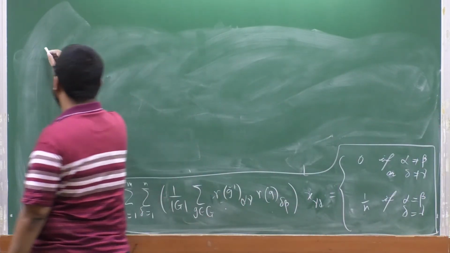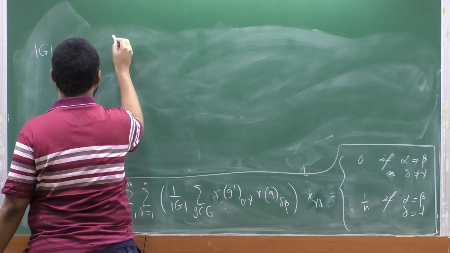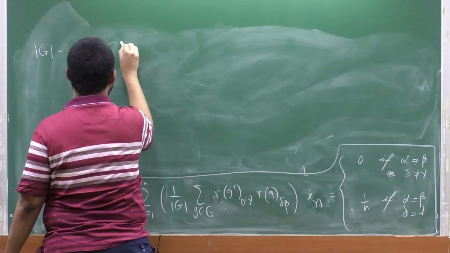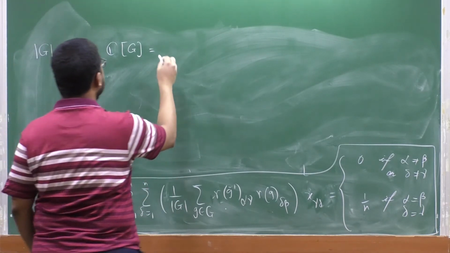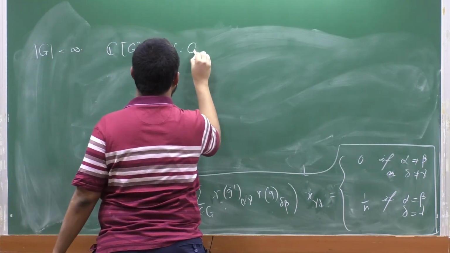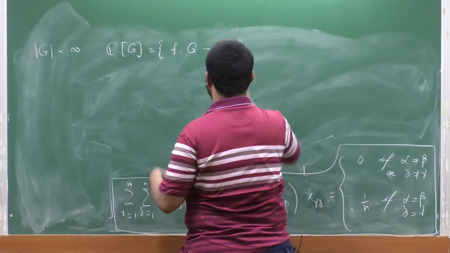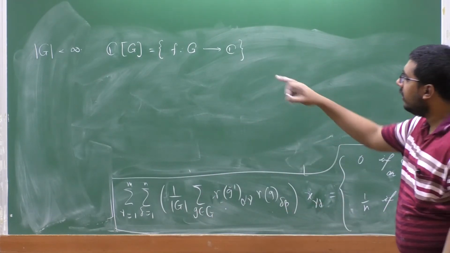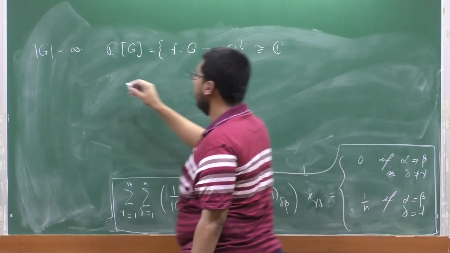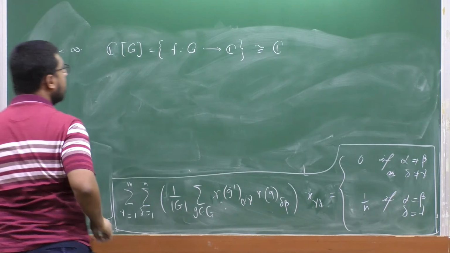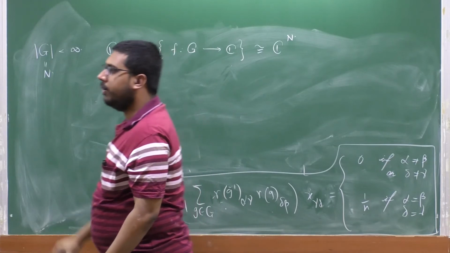So let G be, as I said, G is always assumed to be a finite group. So we consider CG, the group ring, which consists of all functions from G to C. Since G is a finite group, this is a complex vector space isomorphic to C to the power n, if I denote the order of G by n.